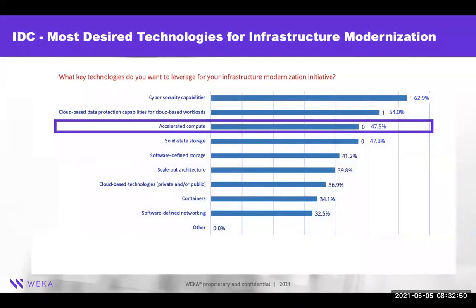By the way, we'll cover a few of these use cases. What we also see is that, according to a lot of CIOs looking at the most desired technologies that they look to modernize in, accelerated compute takes a very important part.